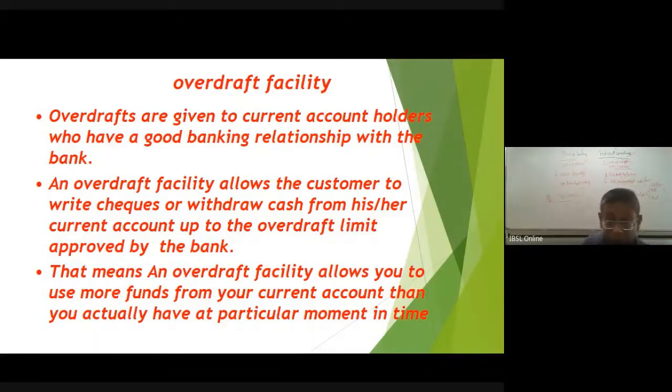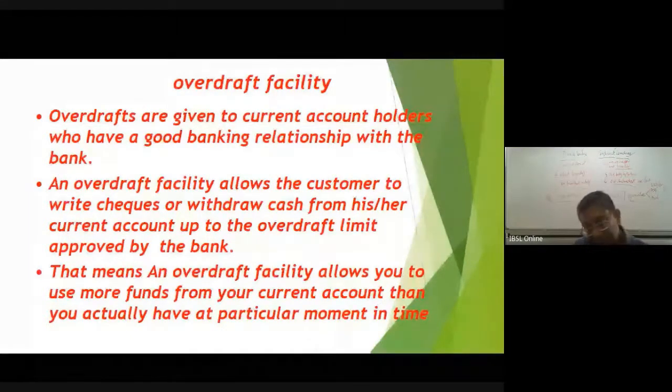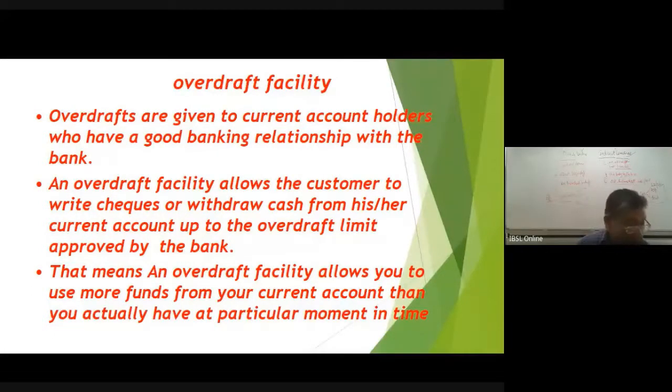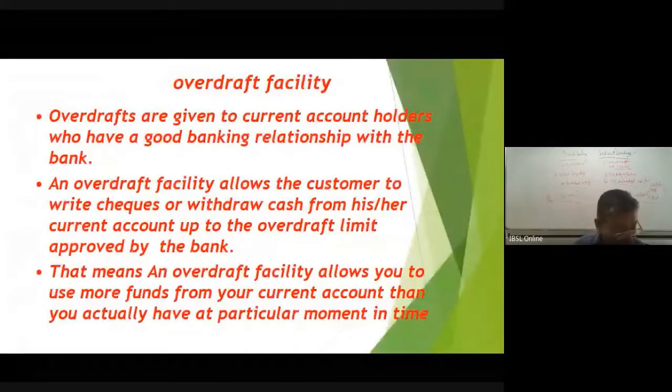Next point, you can put down this important point also. Overdraft facility can be used to finance what purpose? Working capital requirements of your business. That is why overdrafts are usually taken for working capital requirements, and also any urgent financial needs.